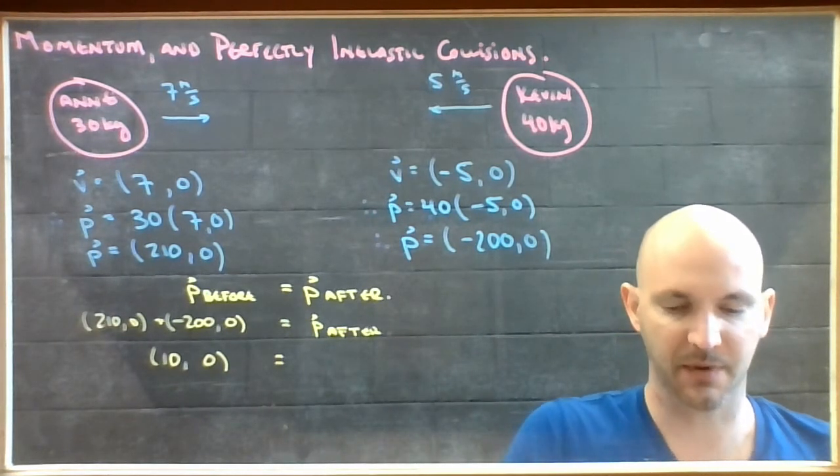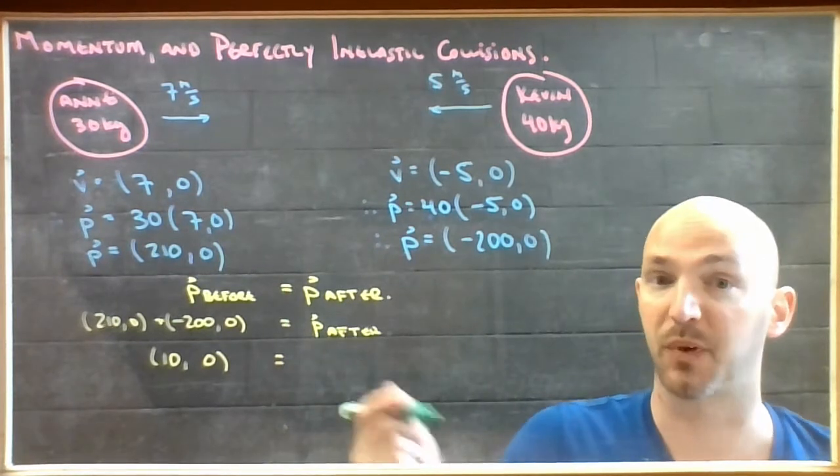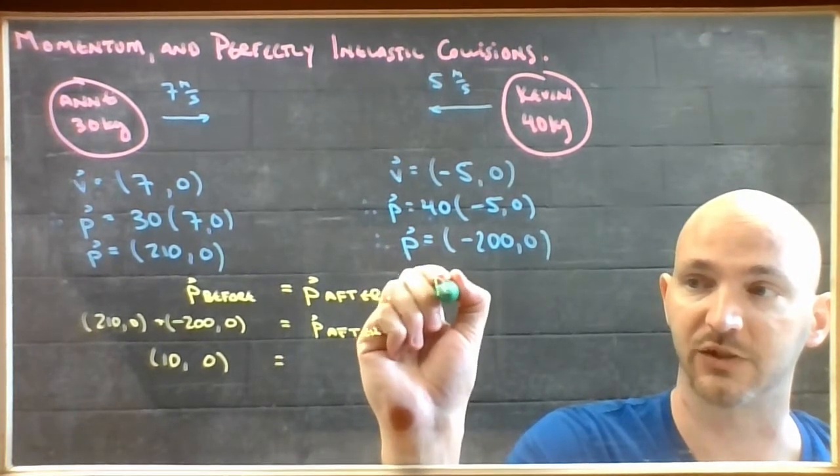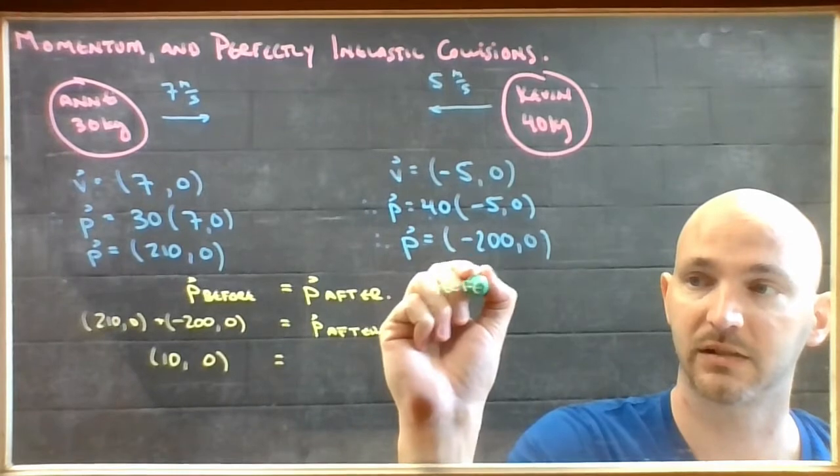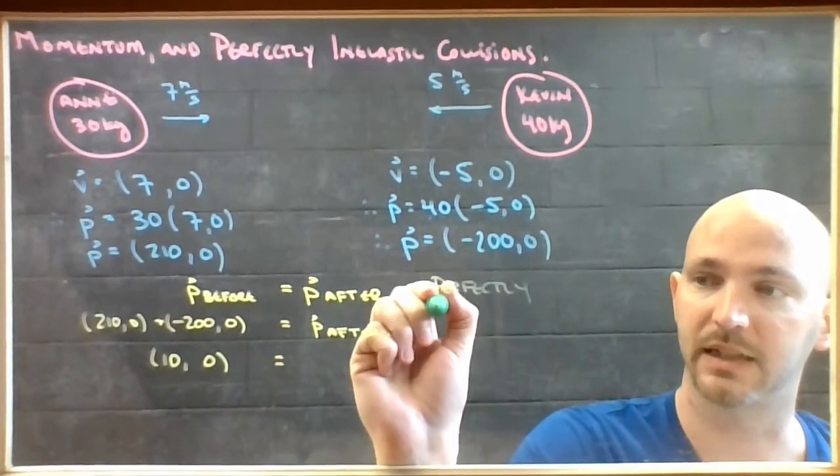So the first type of collision we're going to do is called a perfectly inelastic collision.